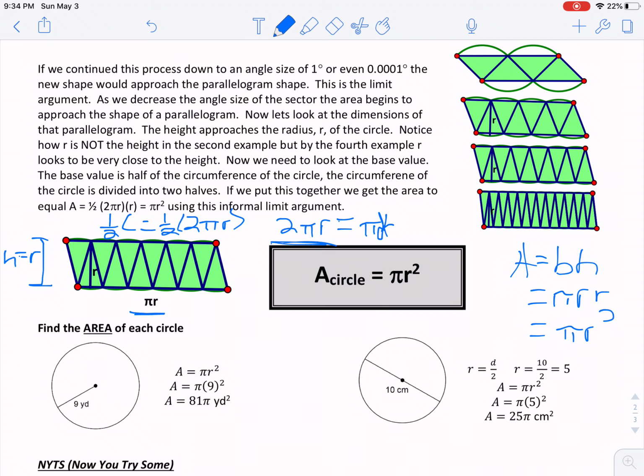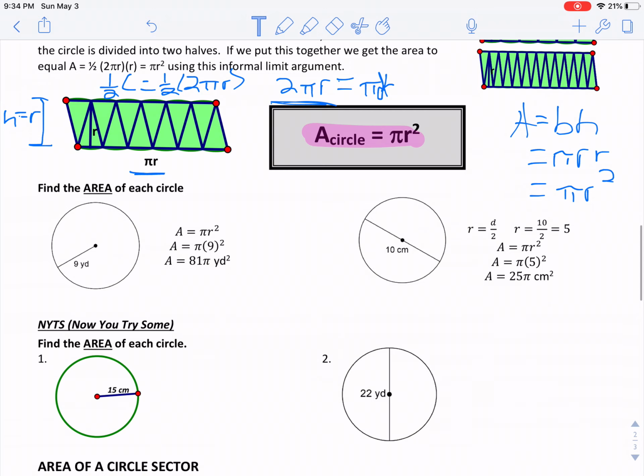So we get pi r squared is our area formula. Once again, from there, it's just plugging in the radius of the circle. So there's our area formula. And from there, it's just plugging it in.